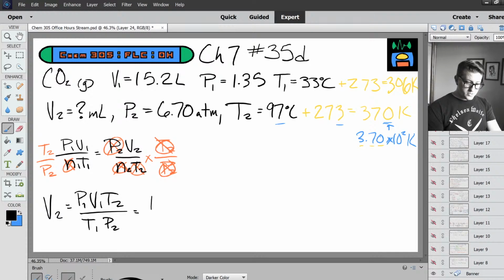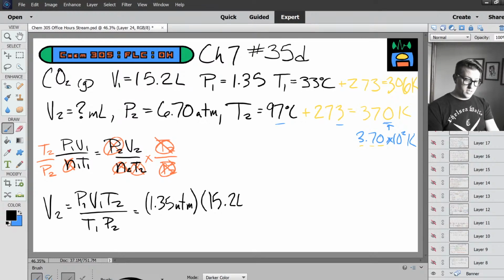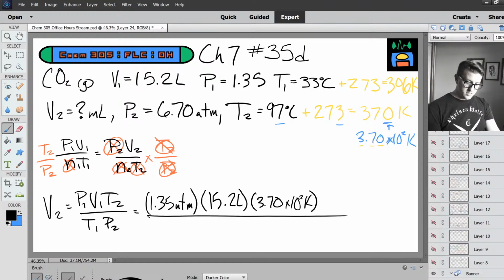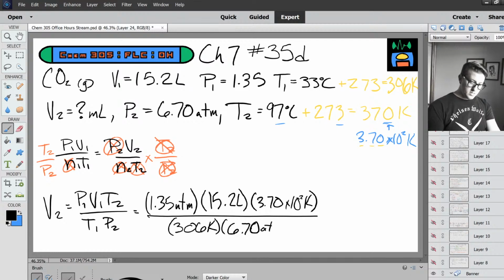We can plug in our numbers, 1.35 atmospheres times our initial volume, 15.2 liters, times our final temperature, 3.70 times 10 squared Kelvin, over initial temperature, 306 Kelvin, times P2, which is 6.70 atmospheres.